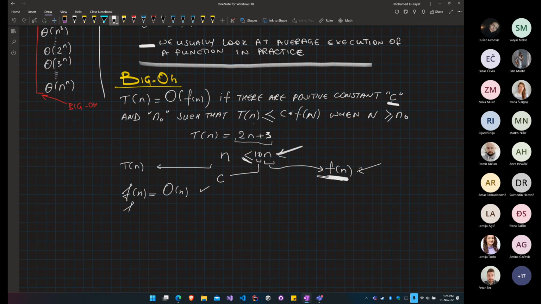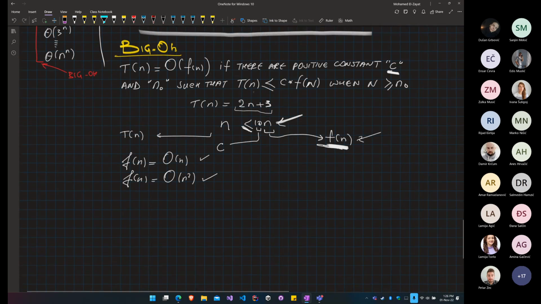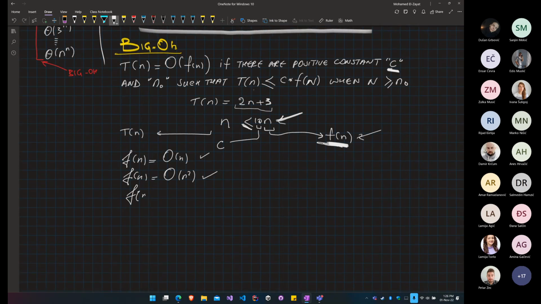If you come again and say f of n equals big O of n squared, then it's also going to be correct, because you are satisfying the other side of the equation. You have n squared here, and your input is less than whatever your output is going to be, okay? Now, if I go here and say f of n is big O of log n, this is utterly wrong.